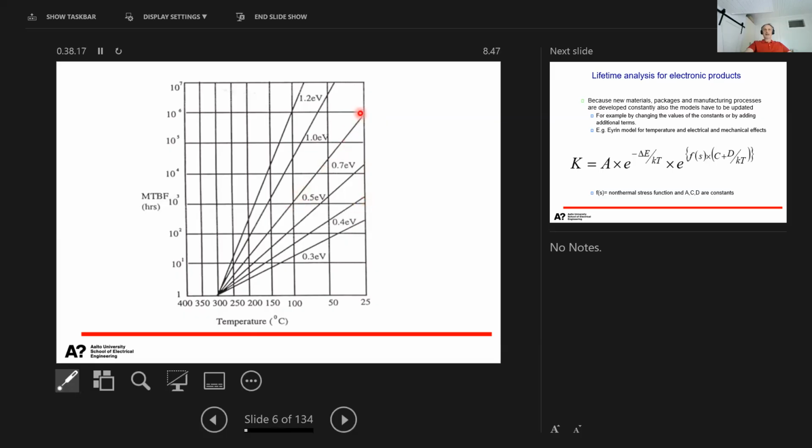So basically, then something is happening 1,000 times faster if you increase the temperature from 25 to 100. So this just highlights the importance of temperature in reliability engineering.